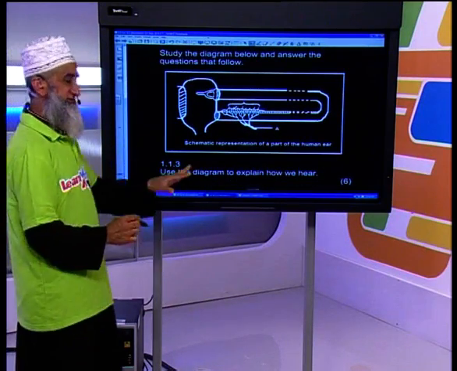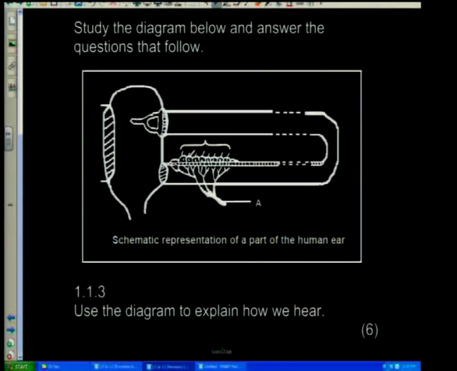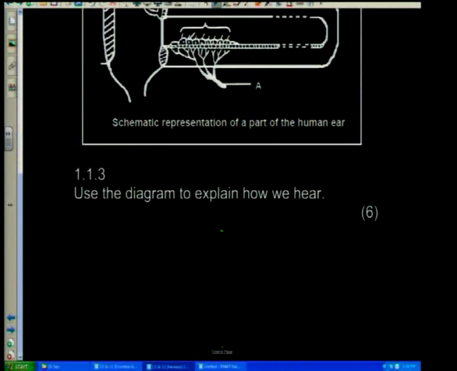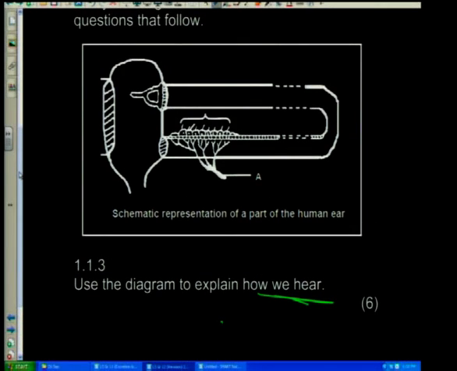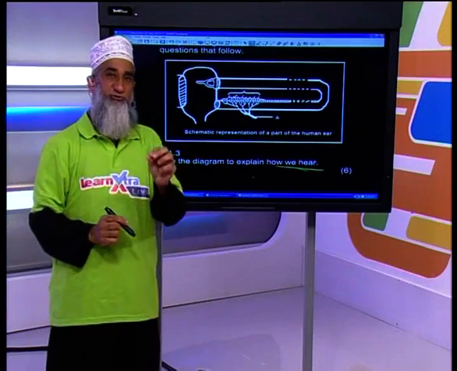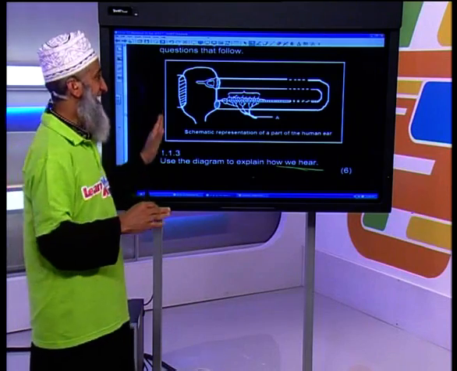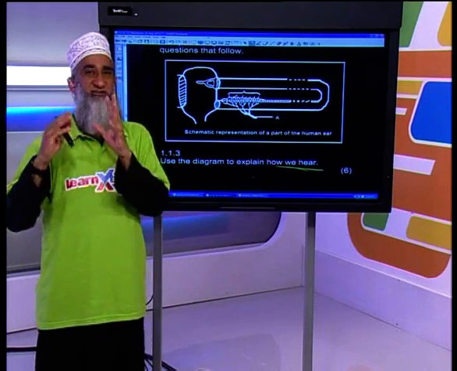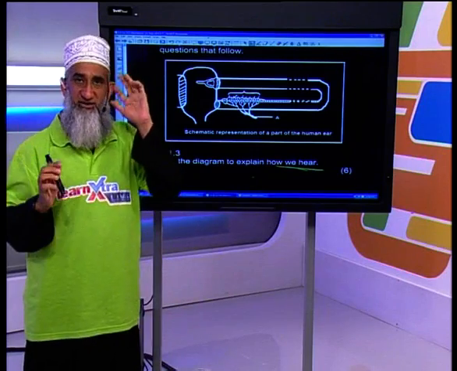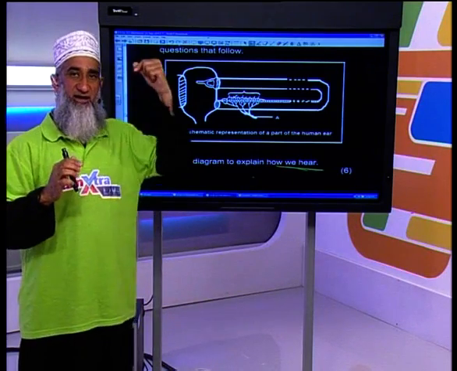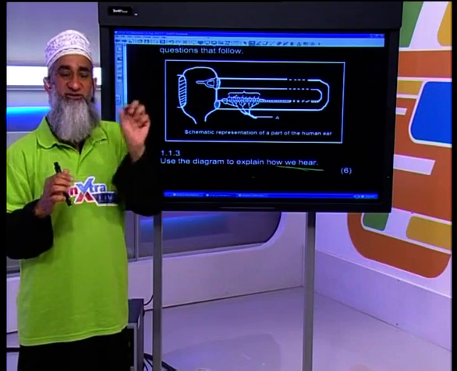And this question is why I put this last question back here. Explain how we hear using this diagram. Because this diagram helps you to understand how hearing occurs in the inner ear. From the outside, it's very easy. The pinna traps the sound waves and directs them into the auditory canal.